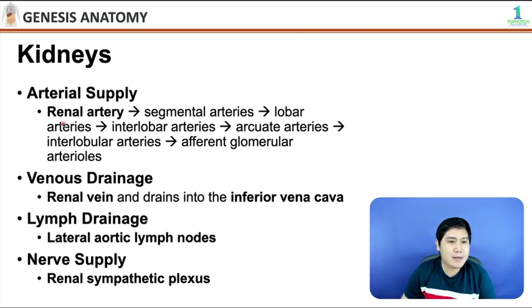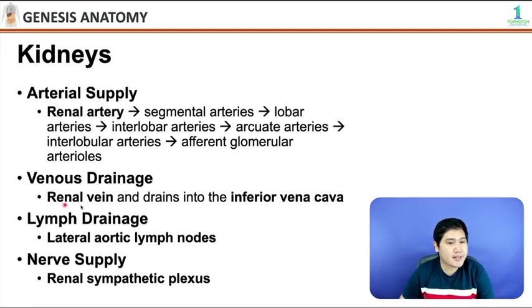In terms of arterial supply, it receives blood from the renal artery. It is important to note the sequence of the blood flow. Starting from the renal artery, it goes to the segmental arteries, to lobar arteries, followed by interlobar arteries, going to arcuate arteries, interlobular arteries, to the afferent glomerular arterioles, and then eventually to the glomerulus, then efferent, and then going now to the venous part of your circulation.